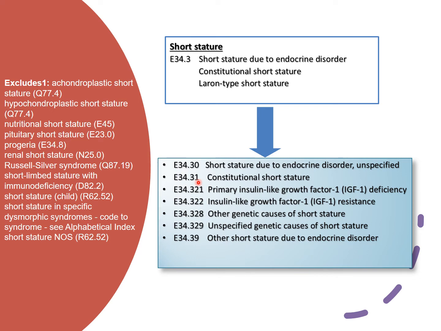Constitutional short stature means the patient has short stature, but there are no specific endocrine alterations or specific genetic causes or skeletal dysmorphisms or secondary specific organ pathology or chronic diseases.